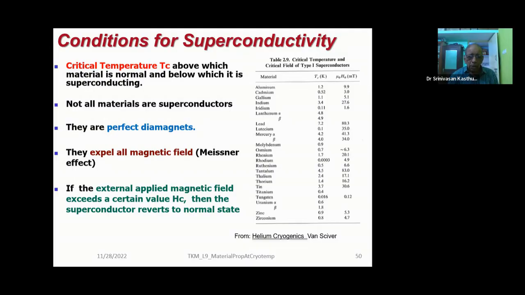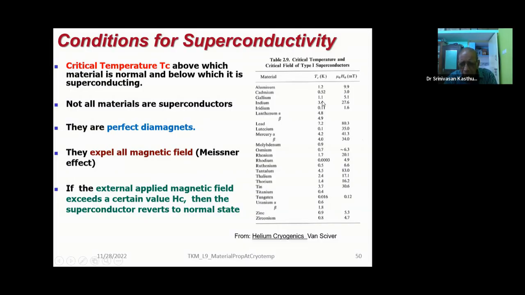See, there are a whole lot of materials which are available, but not all materials are superconductors. And I think here, for example, the typical critical temperature and critical field values are given for type 1 superconductors. So we will select some of them, aluminum, etc., 1.2 Kelvin, or let's try to come to some reasonable temperature. Mercury, its alpha phase is 4.2 Kelvin. And let us try to see.